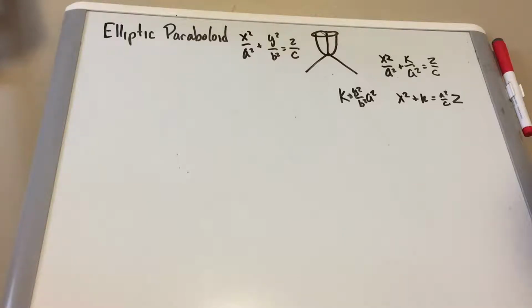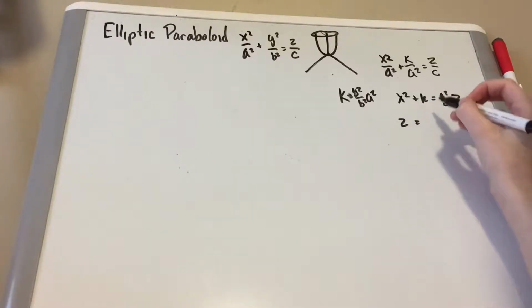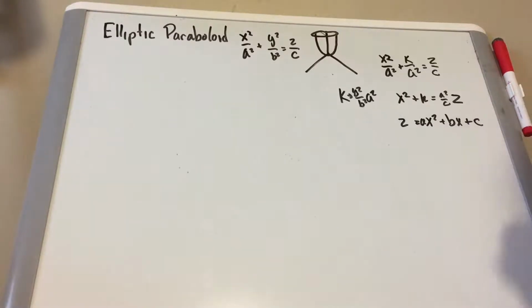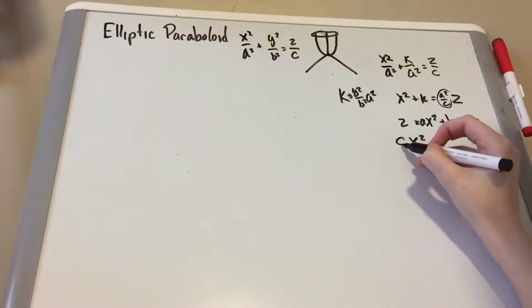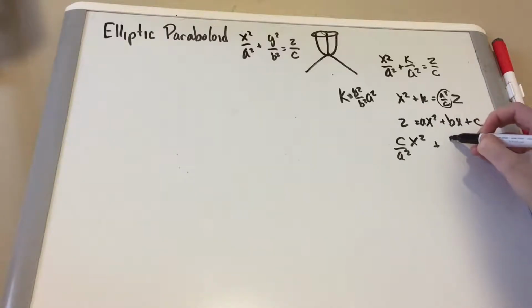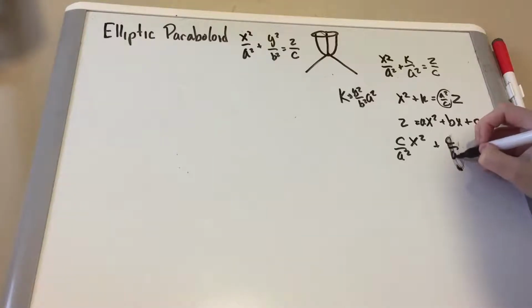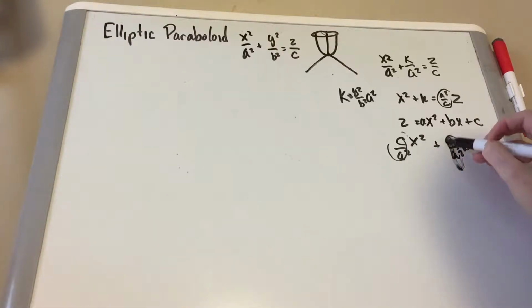And then we can see that this is essentially the equation of a parabola, which is z equals some quadratic equation, ax squared plus bx plus c. And we can move all of that back from the z and say that x squared times c over a squared plus c over a squared times k equals z. So this would be our a, and this would be our c.